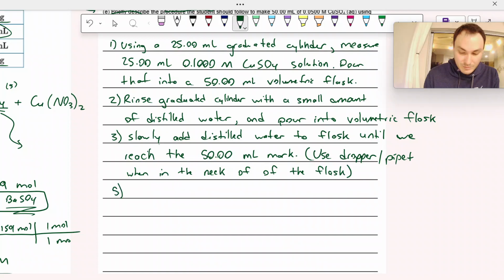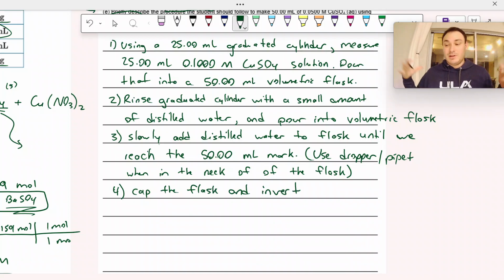Last thing, I skipped 4. Last step, let's cap the volumetric flask and just invert it a couple times just to make sure everything is cohesively mixed together. Cap the flask and invert. We don't want to vigorously shake because then it can go everywhere, the cap can break.